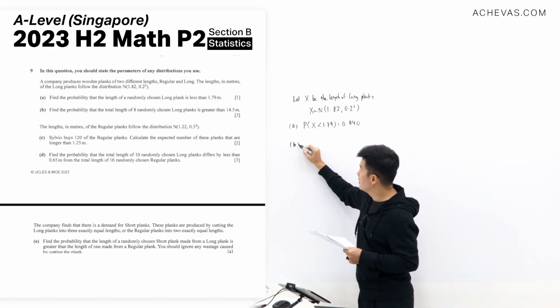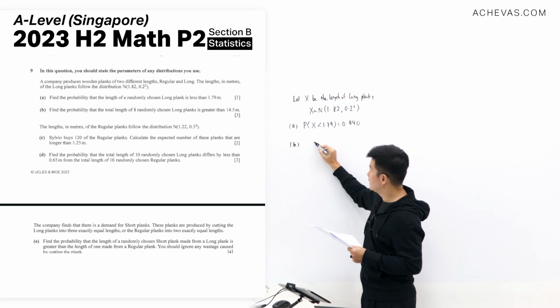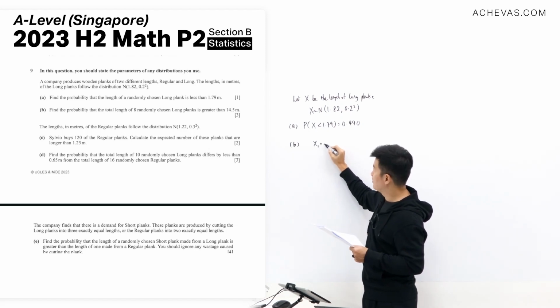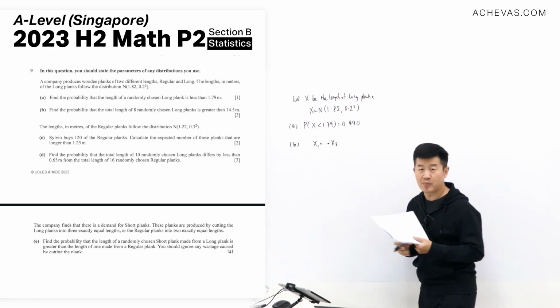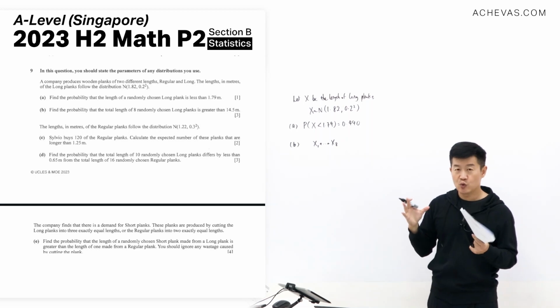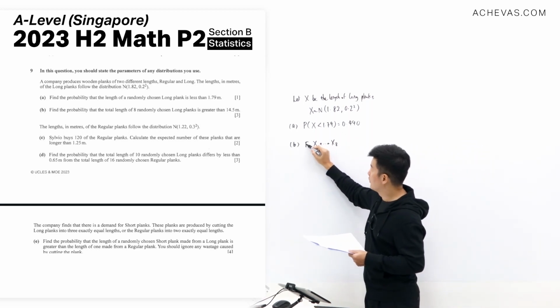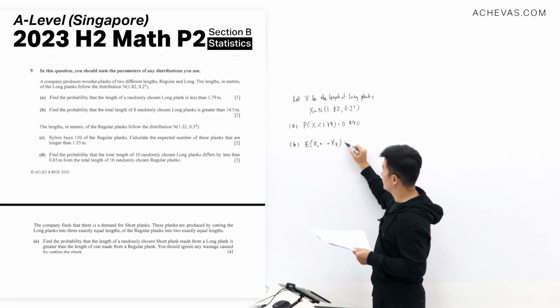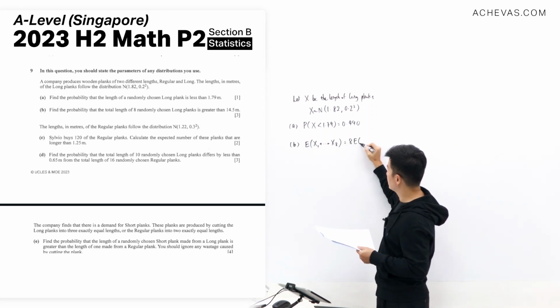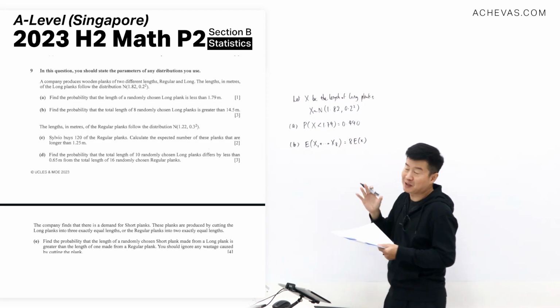So for part B, we are looking at the total length of 8 randomly chosen long planks. So we are looking at x1 plus x2 plus all the way until x8. In order for me to find the probability, let's try to construct a new normal distribution that represents this. To do that, I will first need to find the expectation of this, which is going to be 8 times the expectation of x.